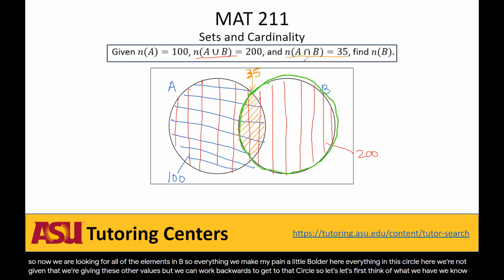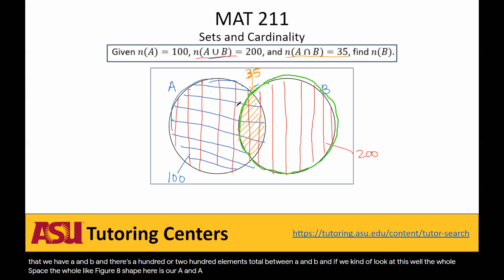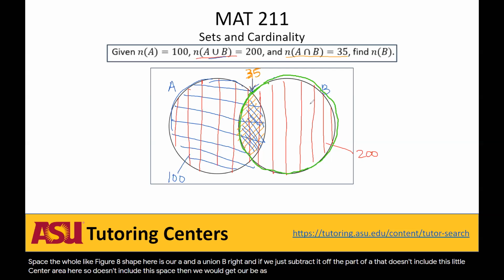We have A and B, and there's 200 elements total between A and B. And if we look at this, the whole figure 8 shape here is A union B, right? And if we just subtract off the part of A that doesn't include this little center area here, then we would get our B as a remainder.